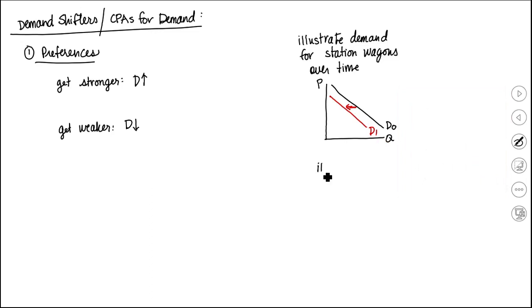By the same logic, we could illustrate the demand for SUVs. Seems like those have gone up over time, right? Same maybe with the minivan.